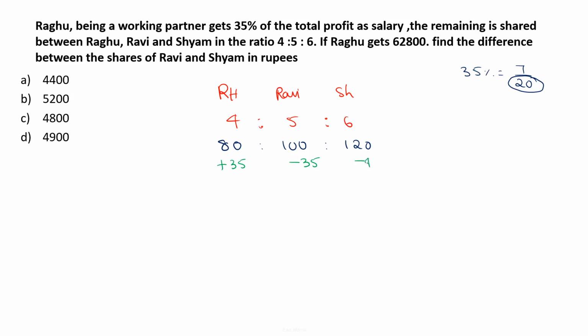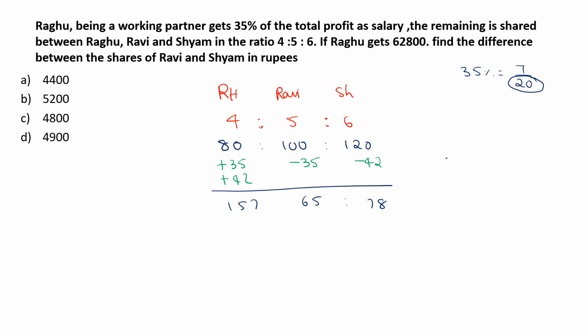He is 42 less and Raghu will get 42 extra. Now the perfect shares would be 157, 65 and 78. These are the ratios.